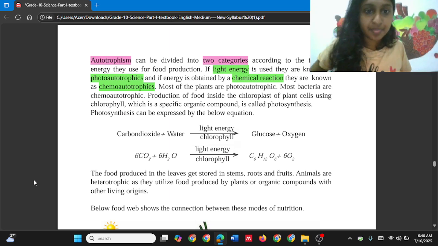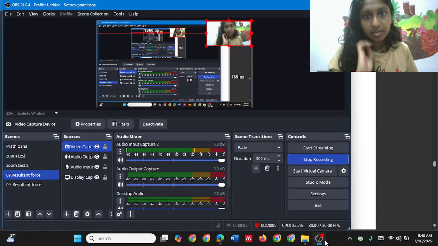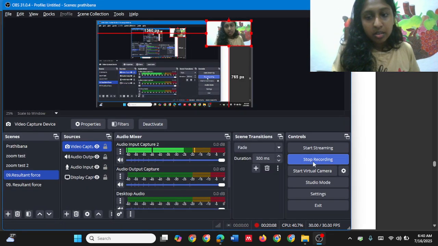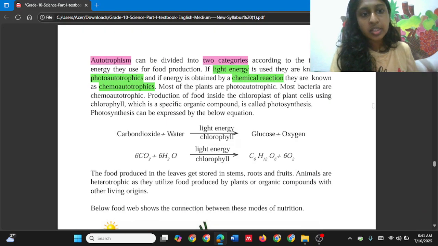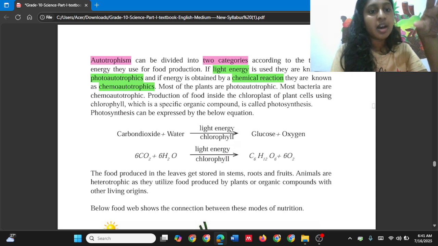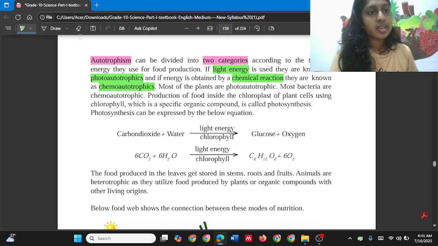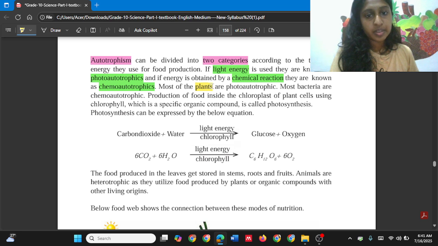Most plants are photoautotrophic. Most bacteria are chemoautotrophic. So these are the examples. Plants, which we have learned about for a long time, are photoautotrophic, and now we learn that bacteria are chemoautotrophic.